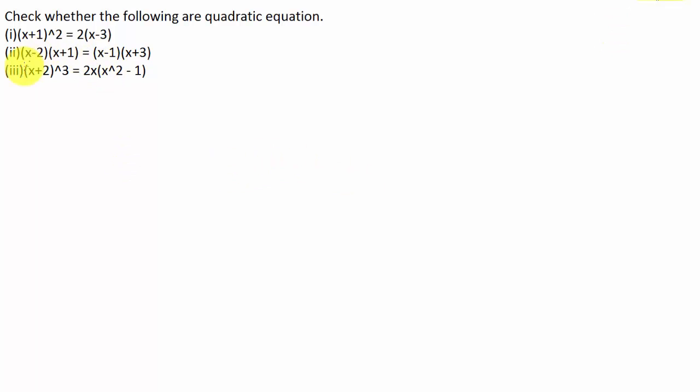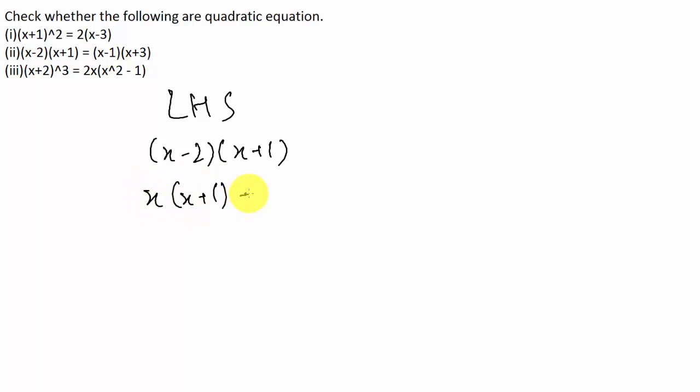Now let's go to the second question. LHS is x minus 2 into x plus 1. Now let's simplify that. x into x plus 1 minus 2 into x plus 1. That is x square plus x minus 2x minus 2. Now RHS, what's the RHS?